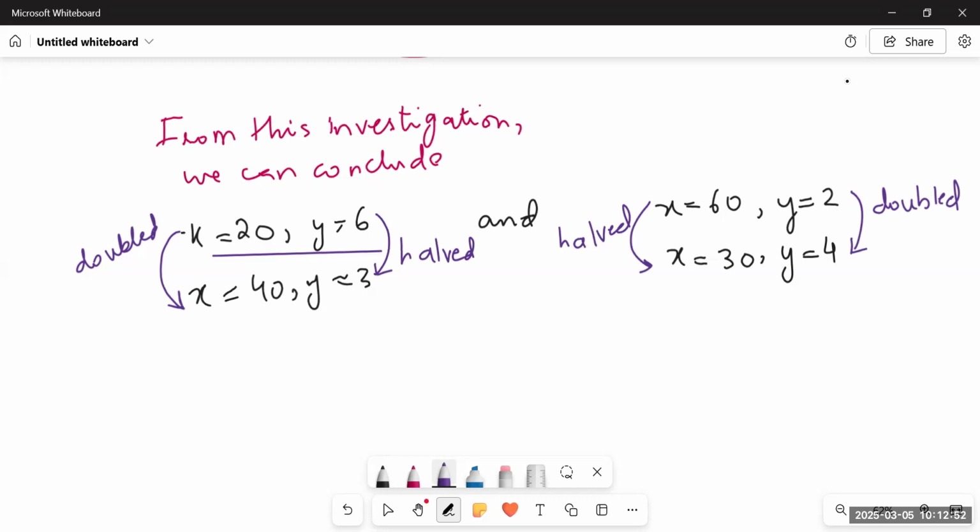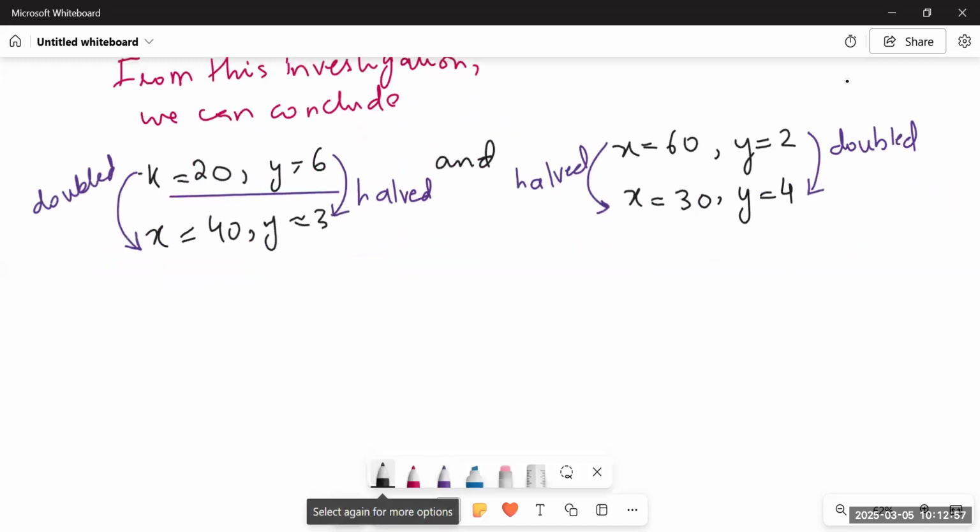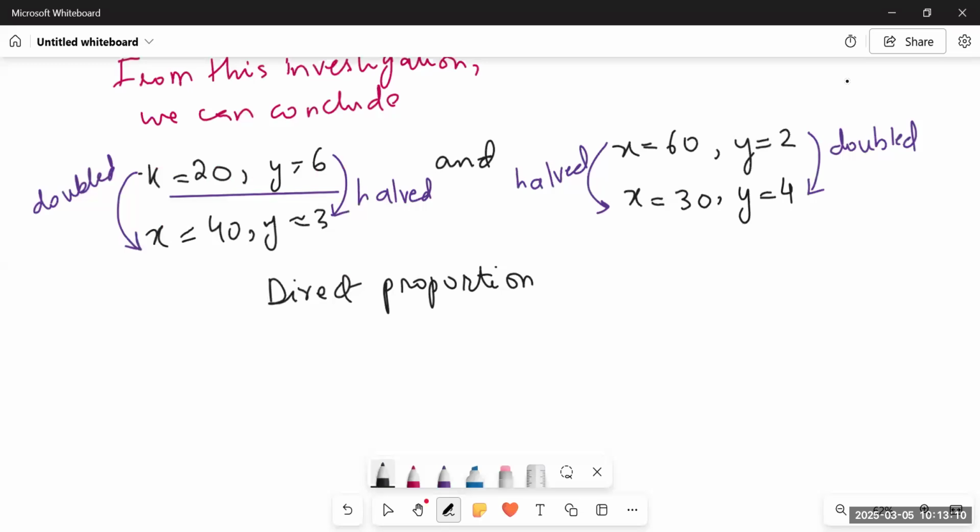Okay, so let us talk about direct proportion and then the inverse proportion, and the difference between the two will be clear. If two quantities x and y are in direct proportion, then the formula we are going to use is y2 upon y1 equals x2 upon x1.